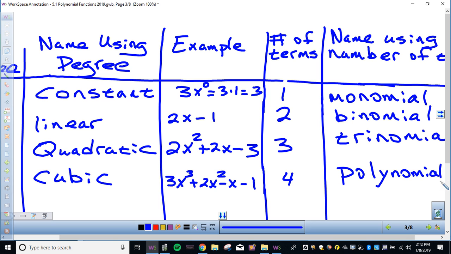What a good test question. What are the 2 definitions of polynomial? Right? Polynomial refers to 4 or more terms. Polynomial also refers to essentially any number except those with a fractional or negative exponent.